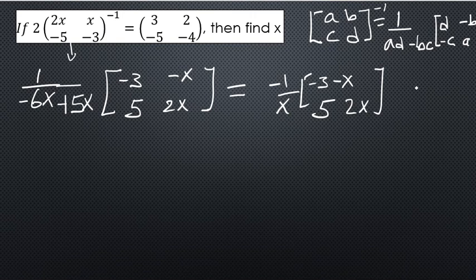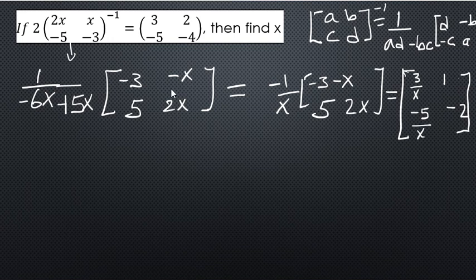Let's finalize it. Negative 1 over x will multiply each entry.